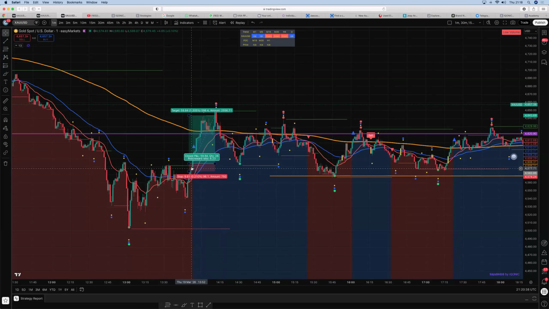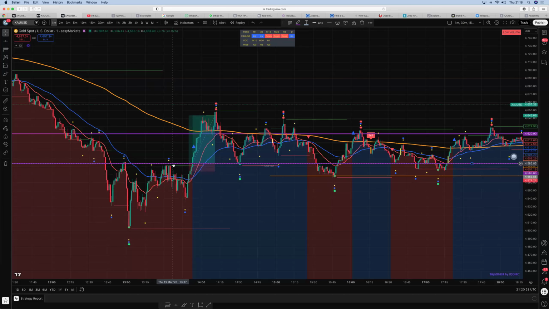So this is how I would have done it. I would have entered and trailed my stop immediately. I would have got in just above this line here, as you know me with my lines.